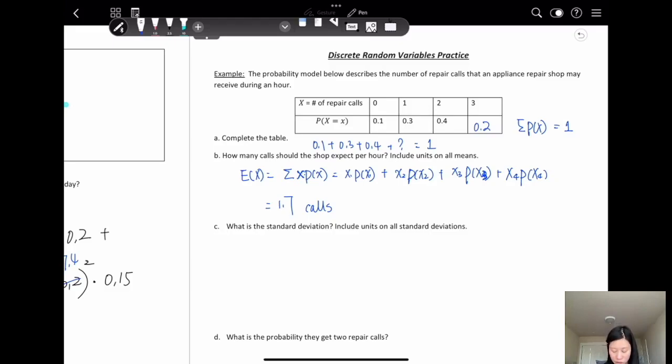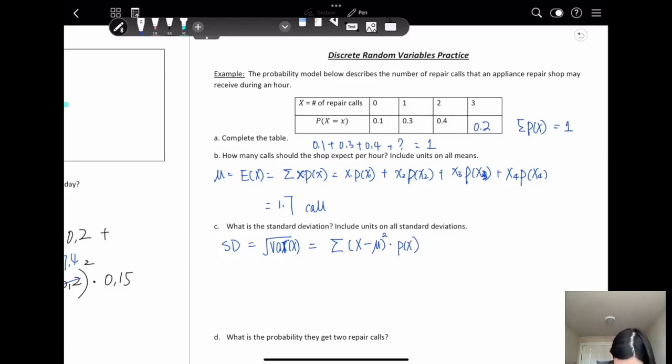Okay, so what's the standard deviation? So remember, standard deviation is equal to the square root of the variance. So how do I find the variance? Variance equals the sum of x minus mu. Mu is what? The expected value. And then square it and times the probability.